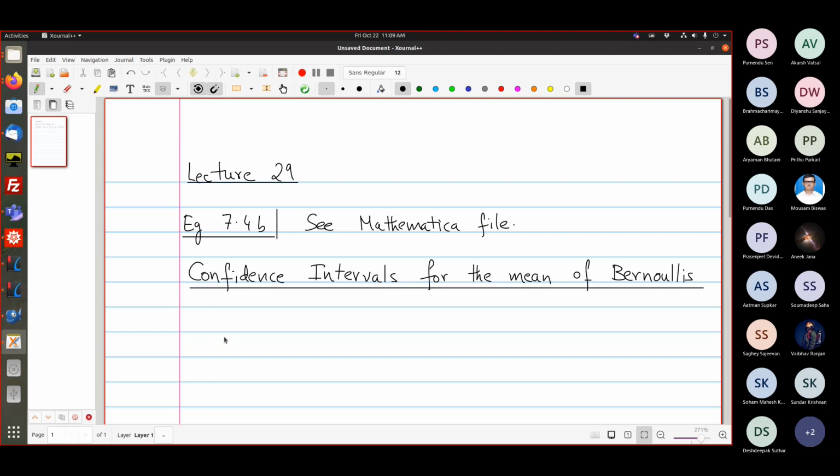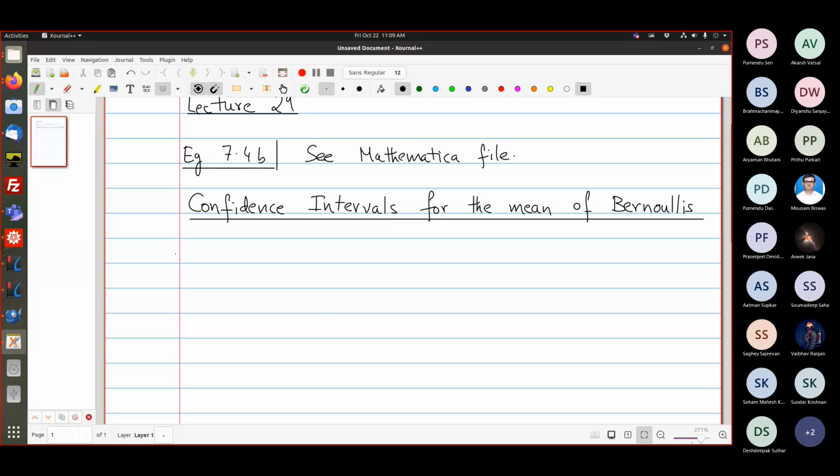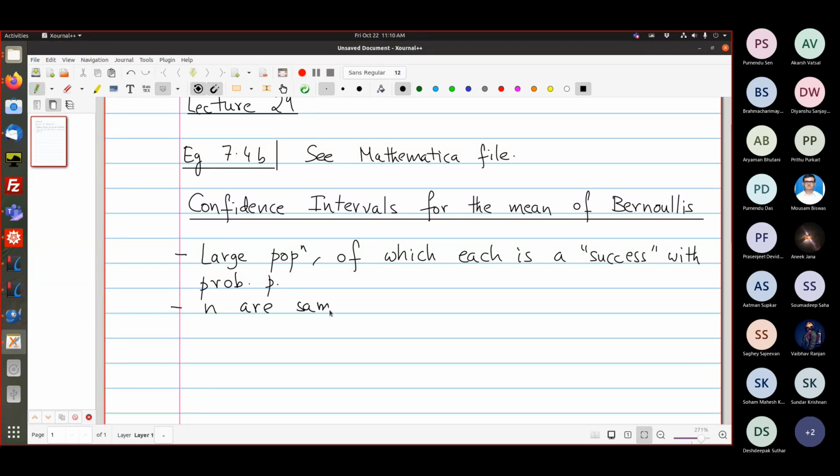Okay, so let me describe the setting. We have a large population, of which each is a quote-unquote success with probability p. N are sampled. So remember we discussed this earlier.